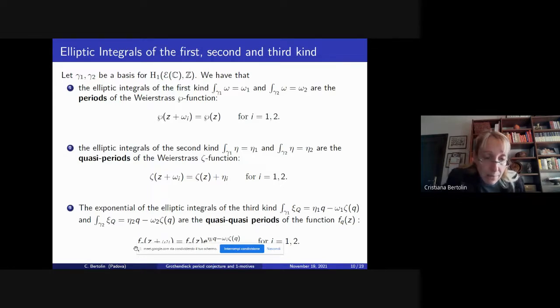This means that f_q of z plus omega 1 is equal to f_q(z) multiplied by the exponential of eta 1 q minus omega 1 zeta(q). So the elliptic integrals of first and second kind are periods, but in the case of elliptic integrals of third kind, you have to take the exponential of them in order to give them the sense of a period.